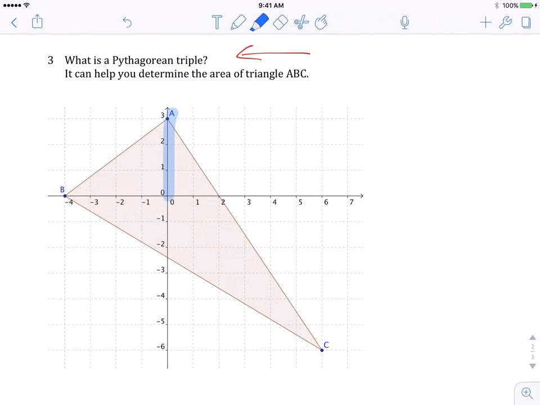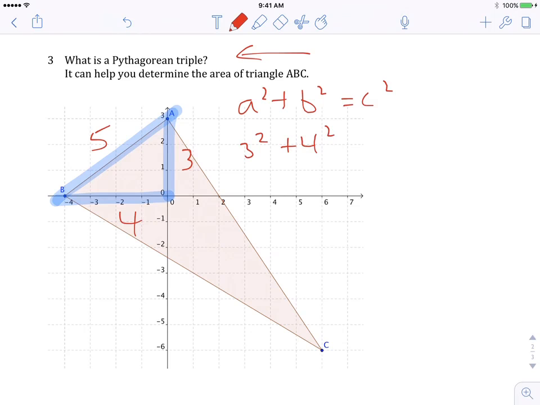A Pythagorean triple, this triangle right here: we know that this is 4 units, and this is 3, from 0 up to 3 is 3. And then we know that's 3, 4, and this is automatically 5. We know that because it satisfies the Pythagorean theorem: a squared plus b squared equals c squared. Then 3 squared plus 4 squared must equal c squared.